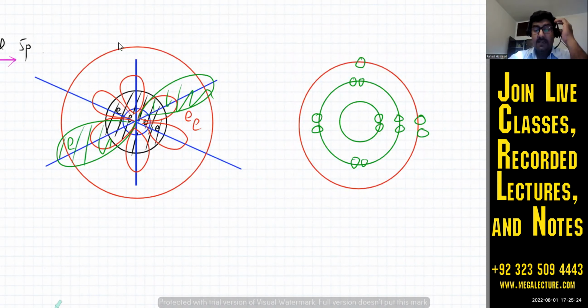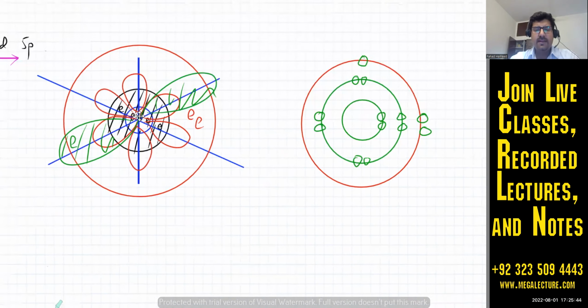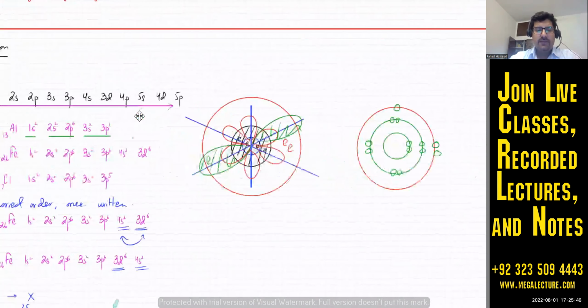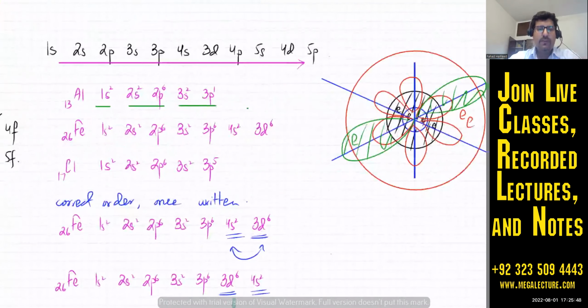They're the ones that will interact with other atoms, and these are the ones that will either get lost, or they will gain, or they will start sharing electrons. So the electrons involved in bonding are the outermost shell electrons, right? We're not really interested in the inner electrons. Whatever is going on in 1s2, 2s2, we don't care about that. In the case of aluminium, we only care about what's happening in the outermost shell.